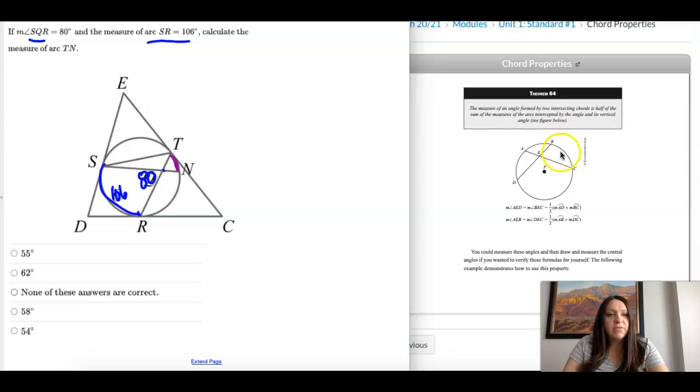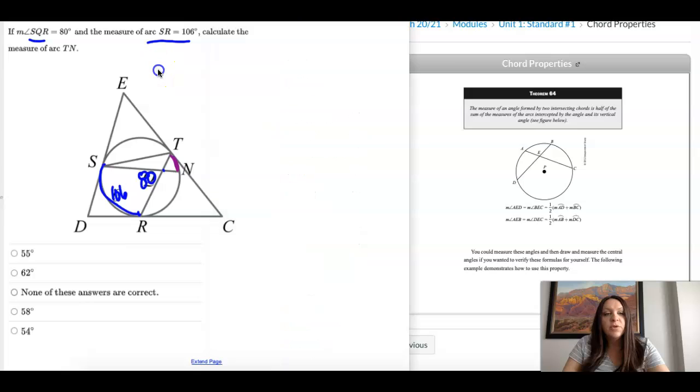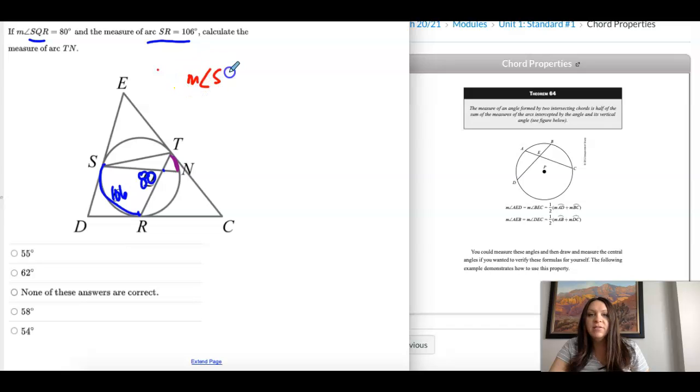Right here, theorem 64. The measure of an angle formed by two intersecting chords is half the sum of the measure of the arcs intercepted by the angle. So to put that into terms of what we're looking at, the measure of angle SQR, that's what we're given, equals half of the measure of arc SR. So we would put M for measure, arc SR. That's what's happening over here.